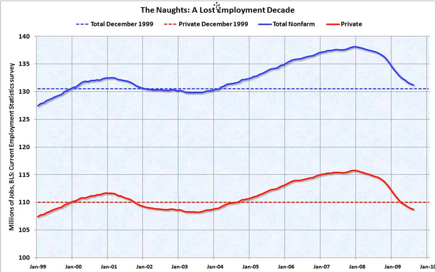That's really the definition of this term, a lost employment decade. What we're seeing here are millions of jobs, from the Current Employment Statistics Survey. How have jobs increased over the past decade? Well, they increased, dipped, increased again, and dipped again. So the net over the decade has not been especially positive whatsoever. In fact, it's looking very, very marginal at best right now.